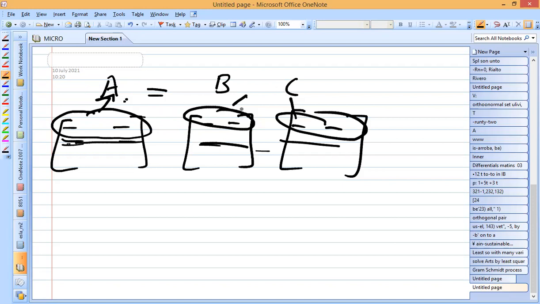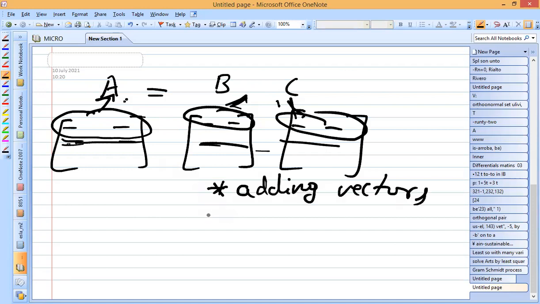So this linear combination of B and C involves two operations. One is adding vectors, and the second is multiplication by scalars.